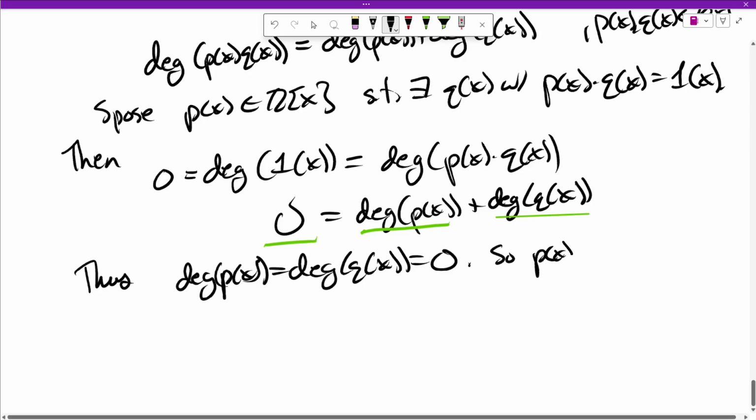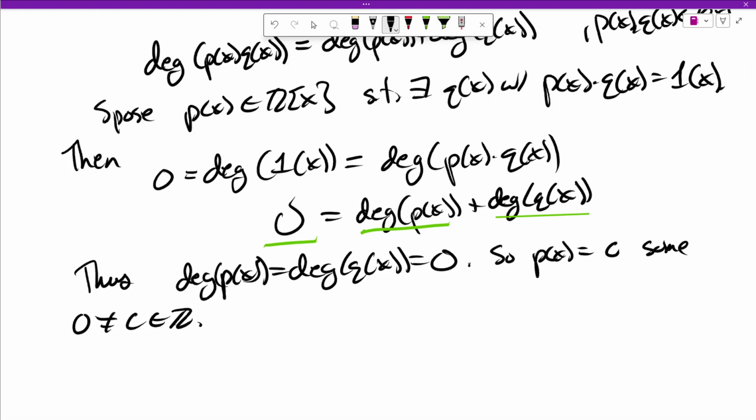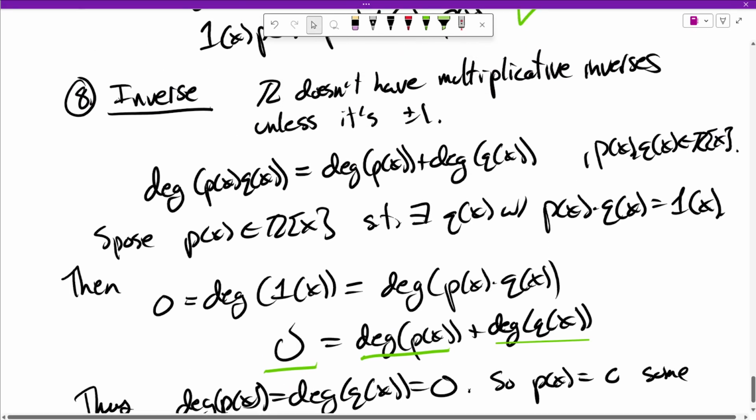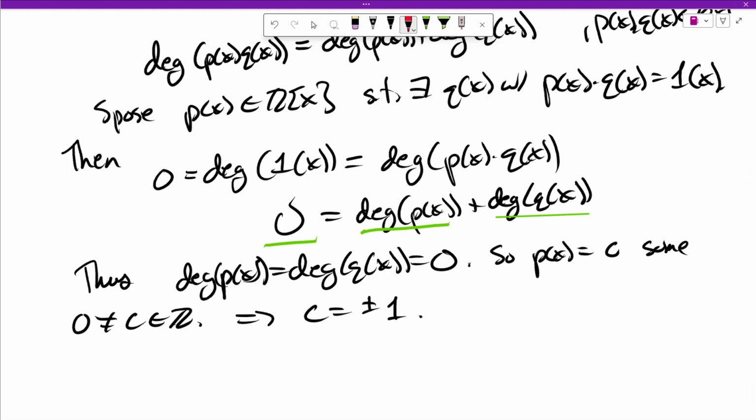So p is a constant, because those are the degree 0 terms, and this is some non-zero c in Z. Q is also a constant, and we have the product of two constants being 1. Well, that only happens if c is plus or minus 1. So there aren't multiplicative inverses, is what this is getting at. In particular, nothing of positive degree could have a multiplicative inverse. You have to be degree 0, and you have to be the constant polynomials 1 or negative 1. So not a lot of multiplicative inverses. Let me just say they don't always exist.